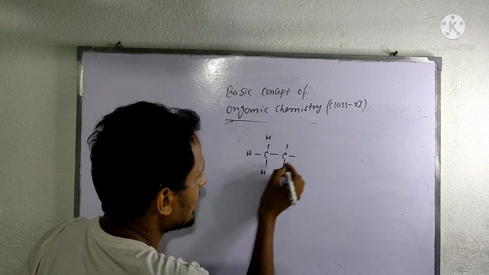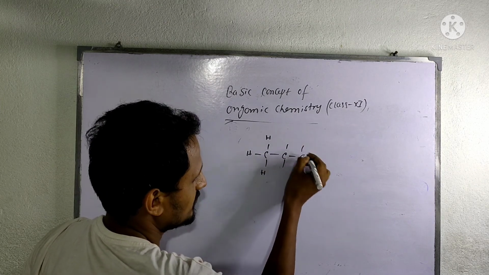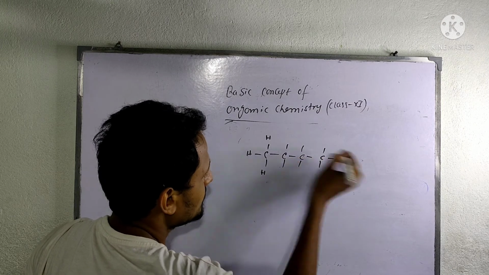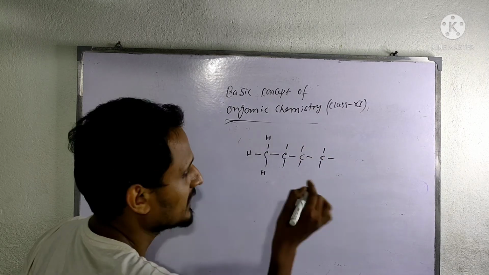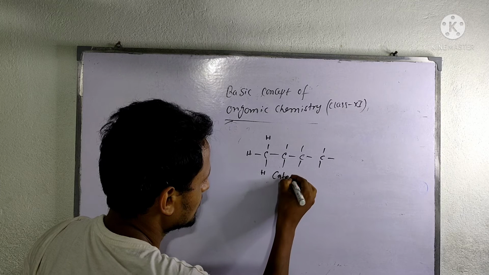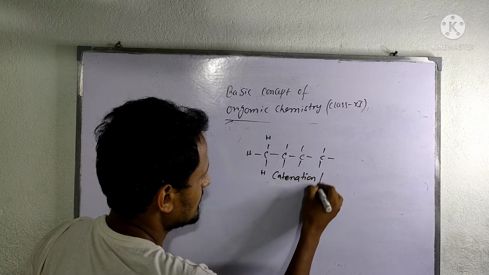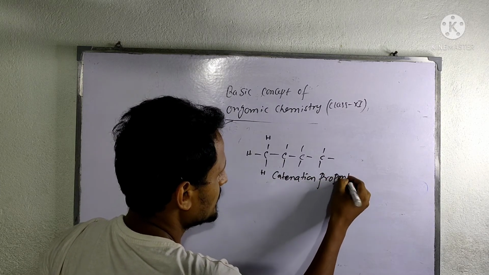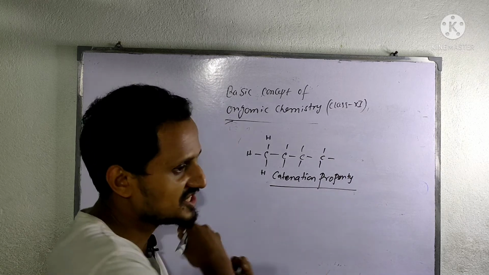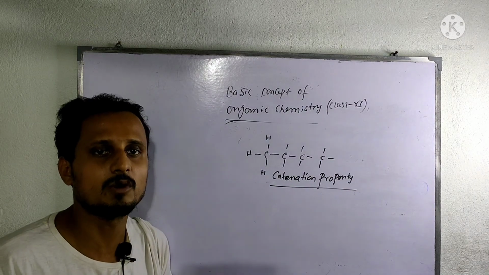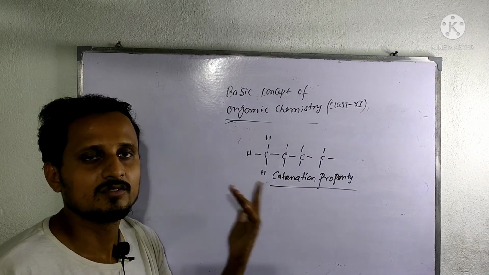Now again add another carbon here. So carbon can make this kind of chain-like compound, and it is called the catenation property, the property by which carbon can form chain-like compounds, a huge number of compounds.